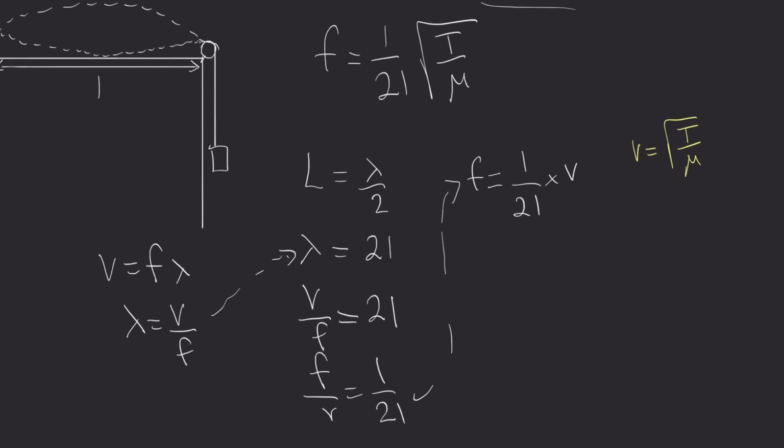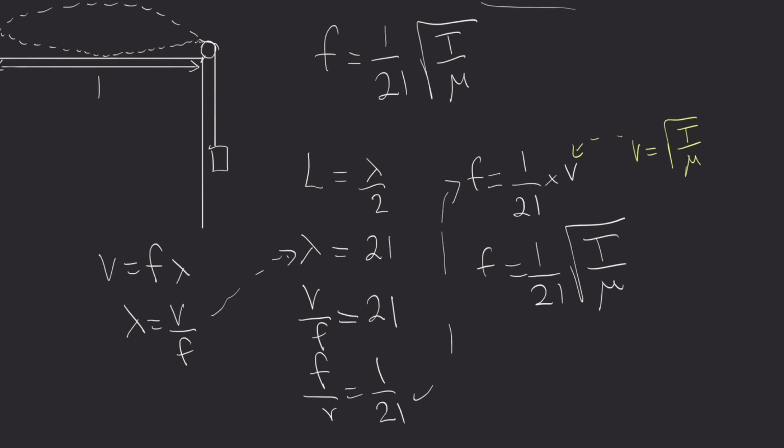Okay, well, we can just sub this back into here and we are going to get that F is equal to 1 over 2L multiplied by the square root of T divided by the mass per unit length.